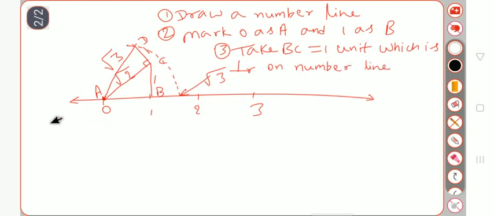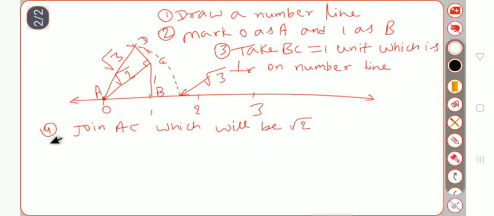Now step 4, join AC which is equal to root 2. AC will be root 2.